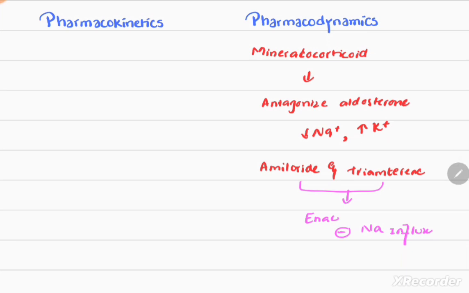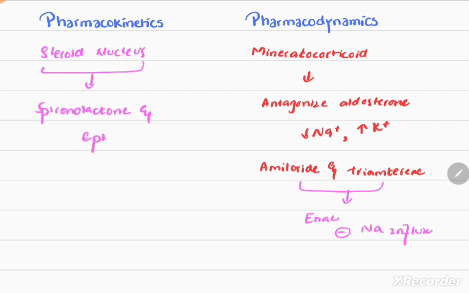As far as the chemistry or pharmacokinetics is concerned, spironolactone and eplerenone are both steroids. They have a steroid nucleus.